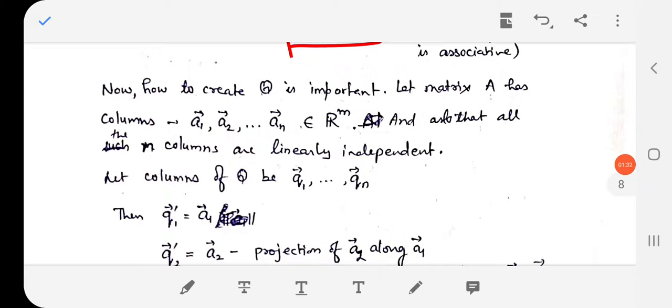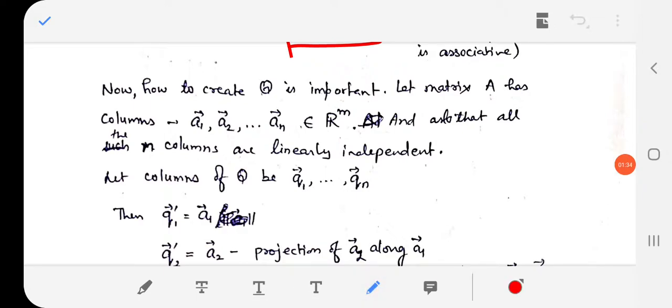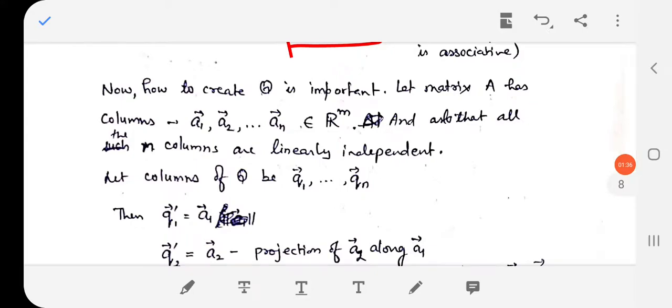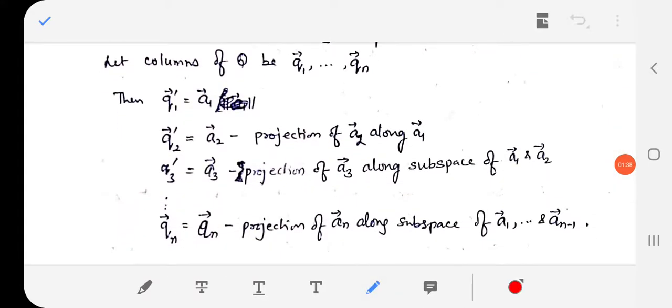This will be our algorithm. The first vector we will choose as it is, the same vector. The second vector will be q2 dash: we take the second column vector from that matrix, and we subtract its projection onto the previous subspace, that is the A1 subspace.